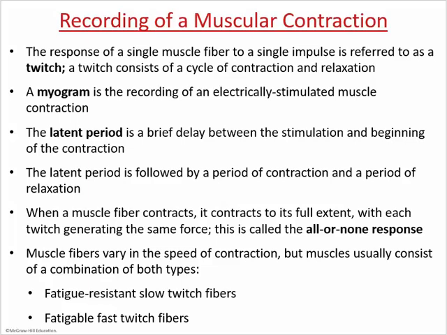It's like pulling the trigger of a gun. No matter how softly or swiftly you pull the trigger, once the trigger is pulled, the bullet leaves the gun at the same force and the same velocity. So each individual fiber will fire all or none.